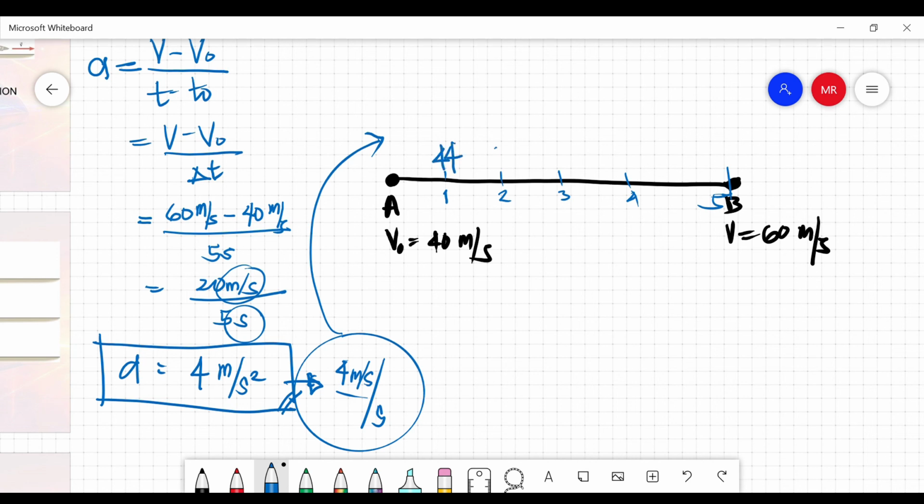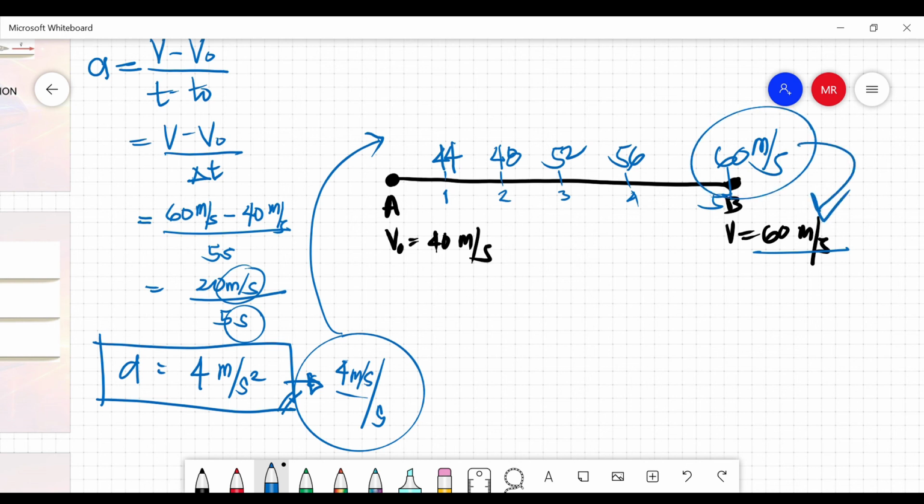After 2 seconds, 48 meters per second. After 3 seconds, 52 meters per second. After another second, 56 meters per second. And during the 5-second mark, kung saan totally nakaabot ka na ng 60, ito ngayon ay 60 meters per second.